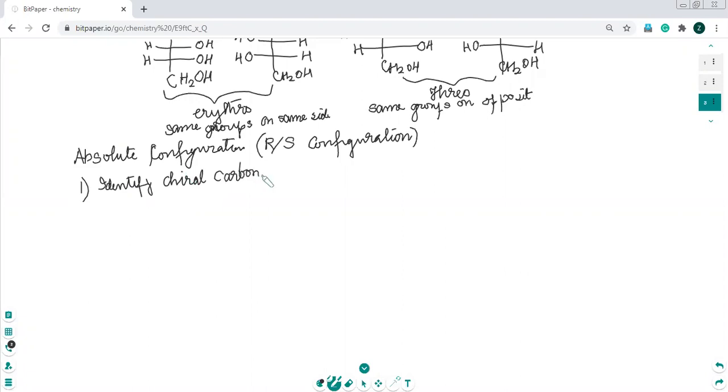Suppose you have CH2IBr. Remember, you have two hydrogen atoms, one iodine and one bromine. It is not chiral.